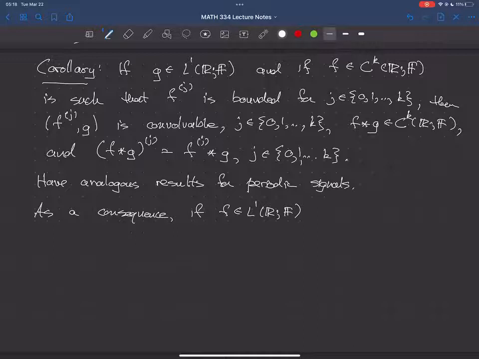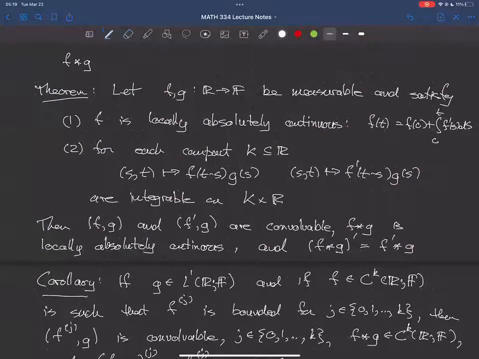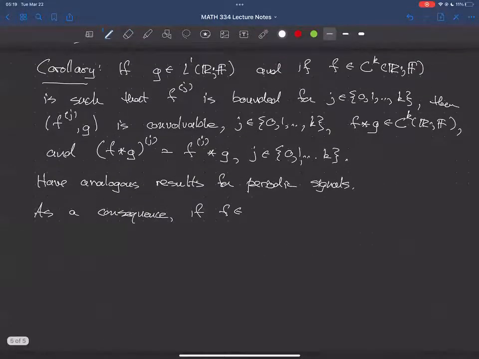So if f is in L1, and this is just to make sure that convolutions exist. Actually, I'm going to state the result that I want here, even though it's not exactly directly connected to the way I stated this theorem. We can easily see why it's true. And so let me state the thing that I want.